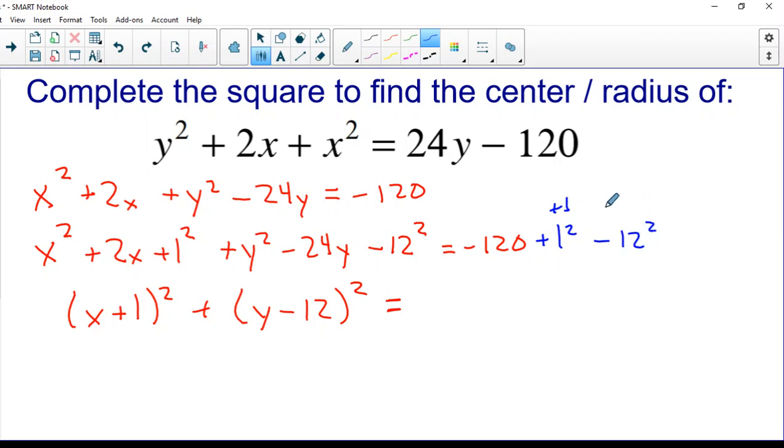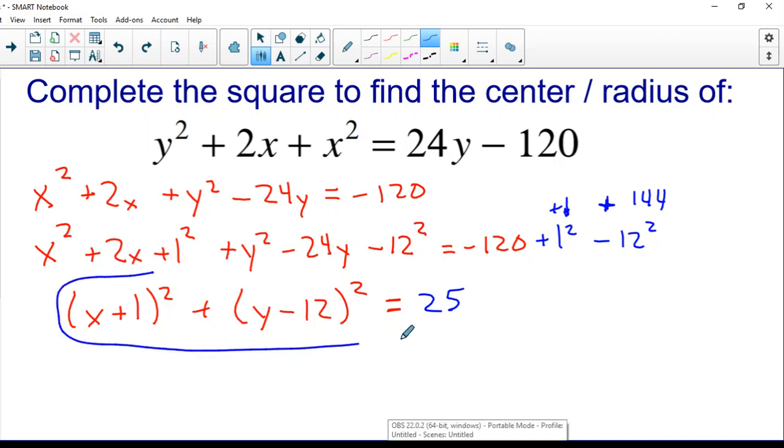Minus 12 squared is 144. Negative 12 times negative 12 is positive 144. So if I do 144 plus 1, I get 145. Minus 120 is going to give me positive 25. All right, and that's basically our answer.